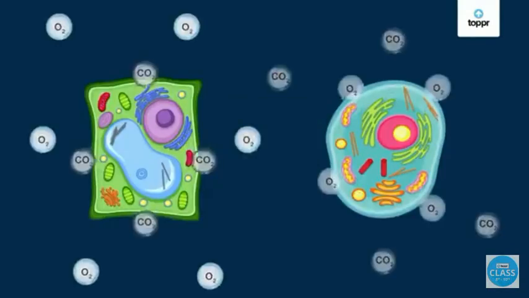Usually, gaseous exchange across the cell membrane takes place by diffusion. Carbon dioxide concentration is higher inside the cell than outside the cell.